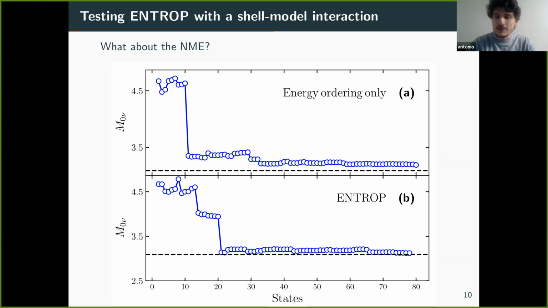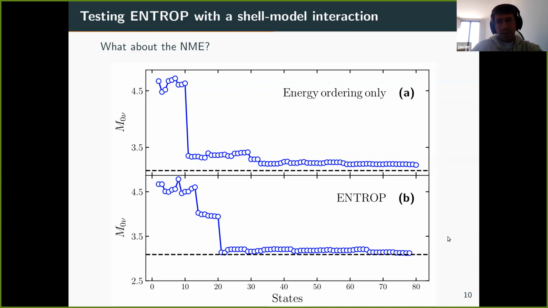But then we can see that if we don't include these partner states, a criterion that we chose in order to make the convergence of the nuclear matrix elements faster, we see that it's not as good. Maybe it cannot be seen here, but the accuracy is about 30% better when using our full method, when using entropy, including partner states.